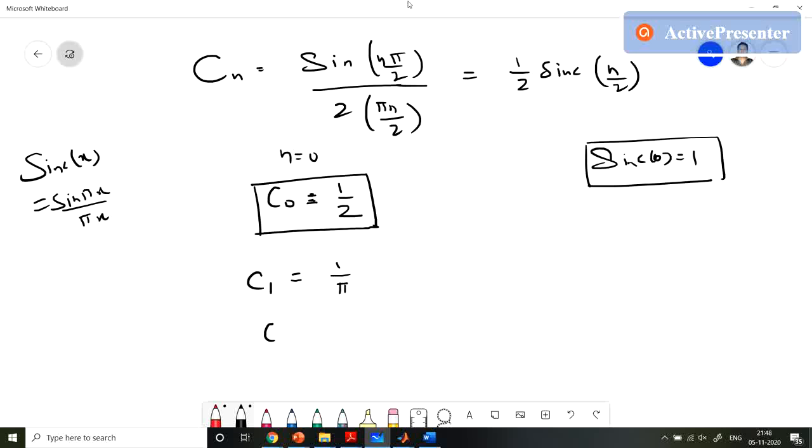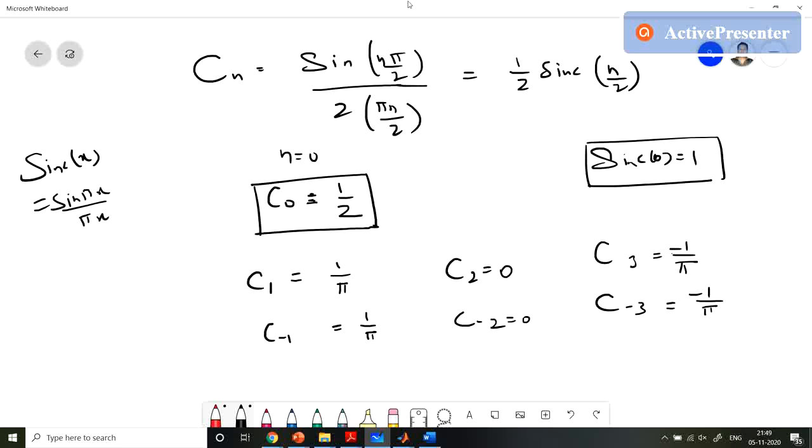C minus 1, if we calculate, is 1 divided by pi. C2 is equal to 0. C minus 2 is equal to 0. C3 is equal to minus 1 divided by pi. C minus 3 is equal to minus 1 divided by pi.